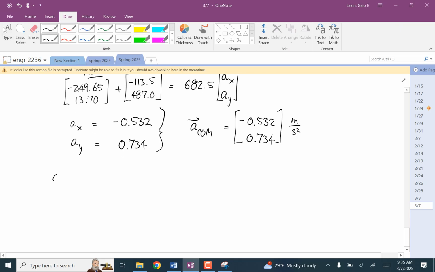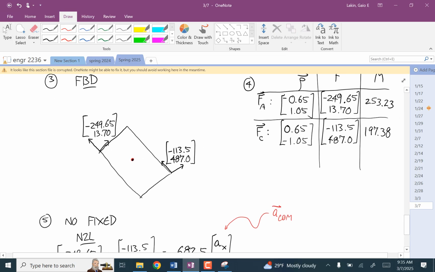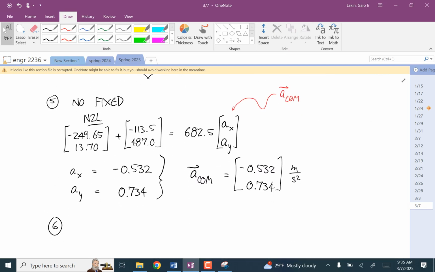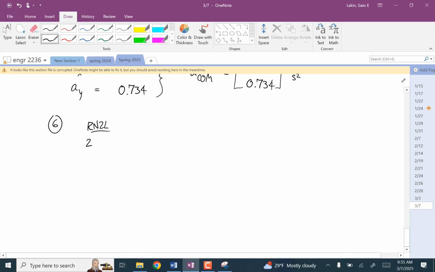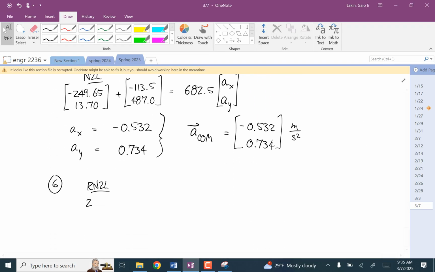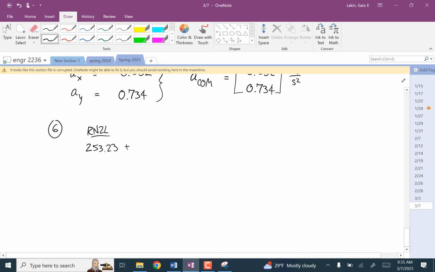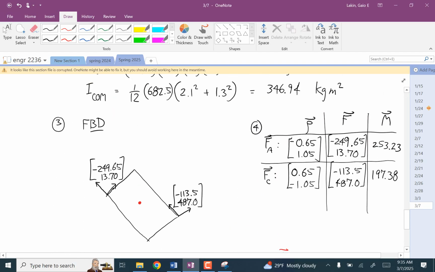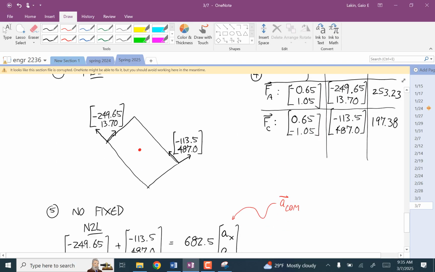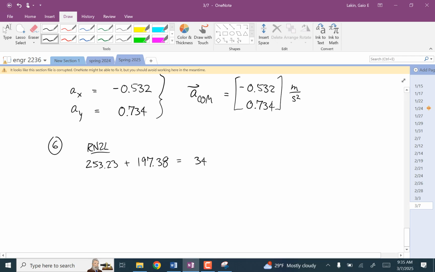And now the moment equation, 253.23 plus 197.38 is equal to 346.94 times alpha.